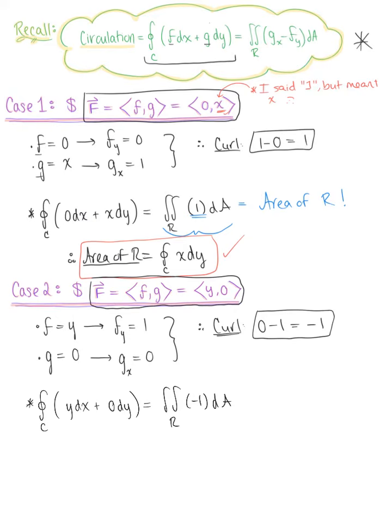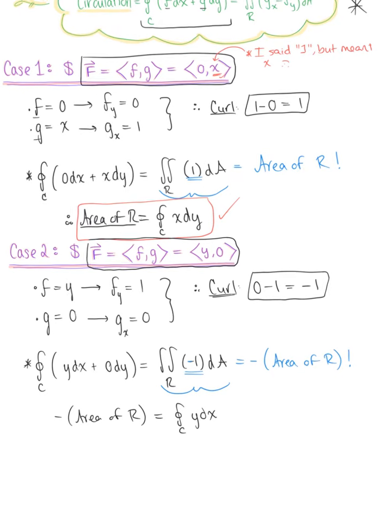Using the same logic as in case 1, since the integrand is negative 1, we simply attain minus the area of this bounded region R. So minus the area of R is equal to the vector line integral over the closed curve C of y dx by Green's theorem.